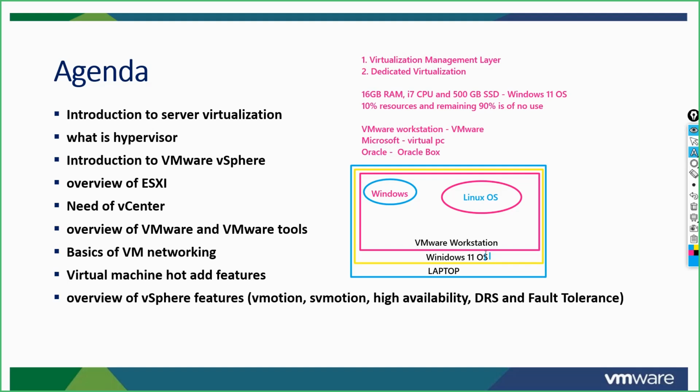Everything is dependent on your OS, which is Windows 11 in our case. So if Windows 11 crashes or goes down, everything will go down. All the virtual machines will be no more accessible. So I can say that this can be used for testing or R&D purpose, but it cannot be used in data centers. The actual setup.